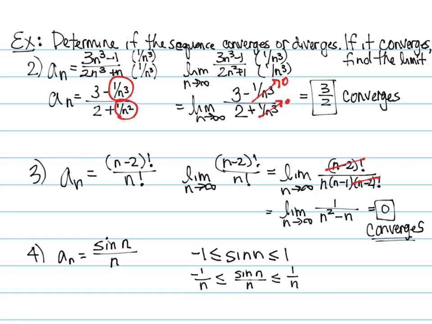So let's actually write that down. What we have then is that the limit as n goes to infinity of -1 over n is less than or equal to the limit as n goes to infinity of sine of n over n, which is actually our question, right? Is less than or equal to the limit as n goes to infinity of 1 over n.